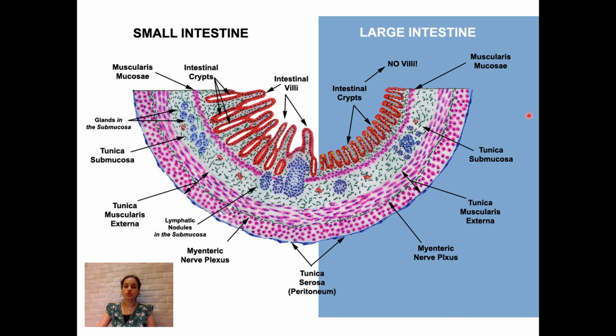So this is the muscularis externa. In the area where the tinea coli is present, there will be a thick band of longitudinal muscle. The longitudinal smooth muscles form a thick band called the tinea coli.